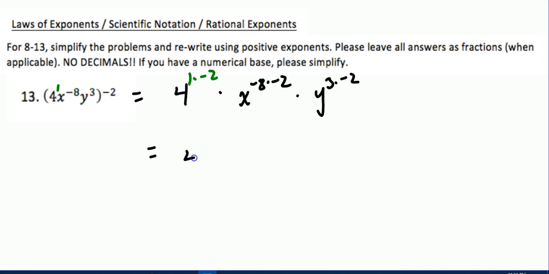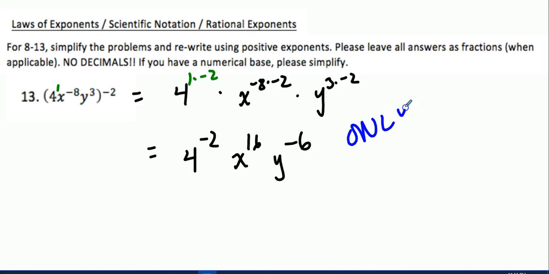I end up getting out 4 to the -2, x to the positive 16, and y to the -6. And again, only negative exponents. Move to other side of fraction.